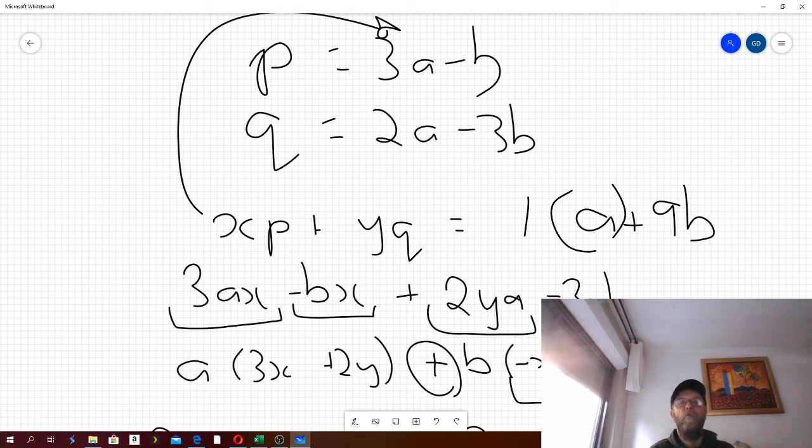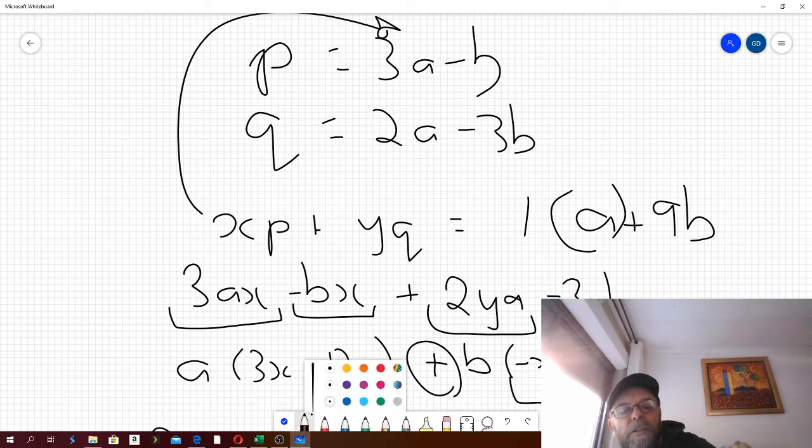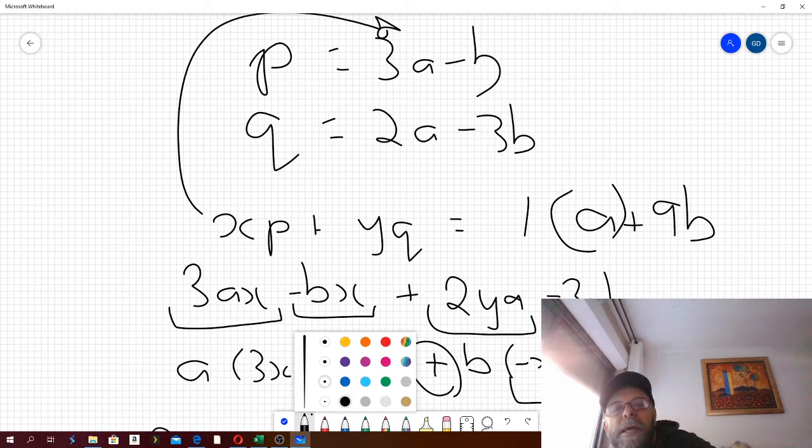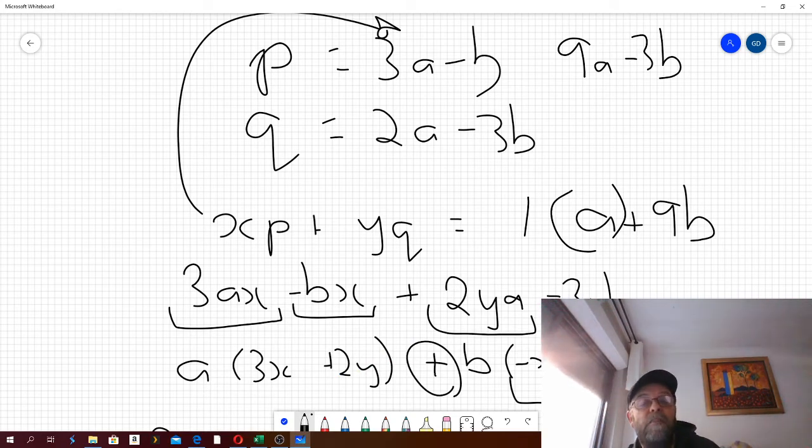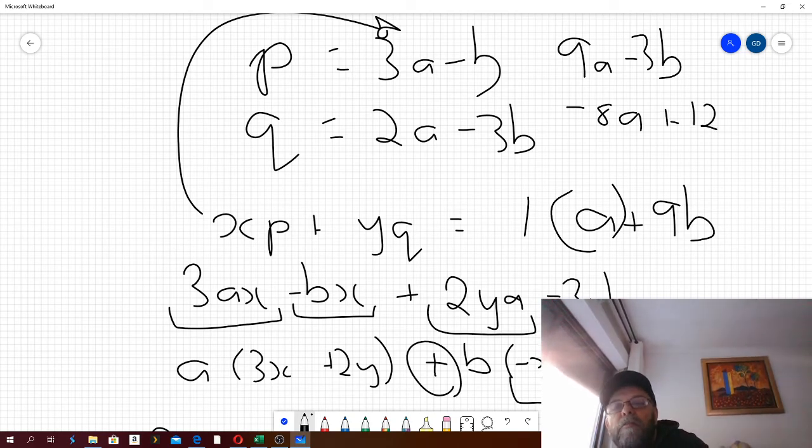Now I'm actually going to prove this to you. Let's see if that is actually correct. So if I said 3 times p, it would be 3 times the 3a minus b. So 3 times 3a minus b is 9a minus 3b. And minus 4 times the q vector would be minus 8a and plus 12b.